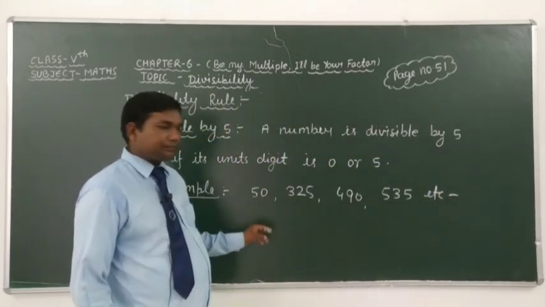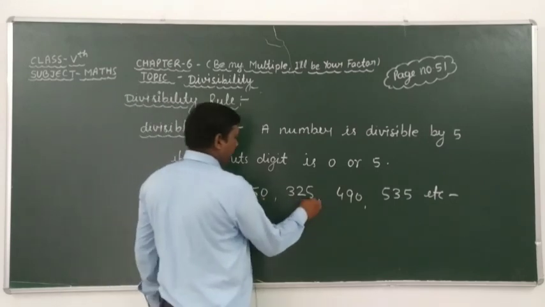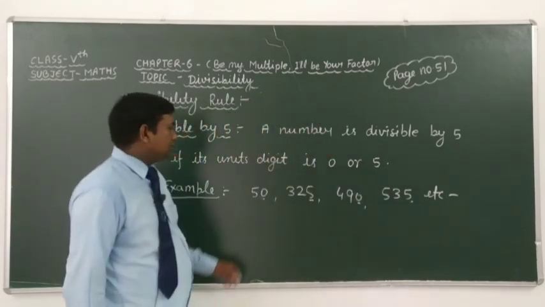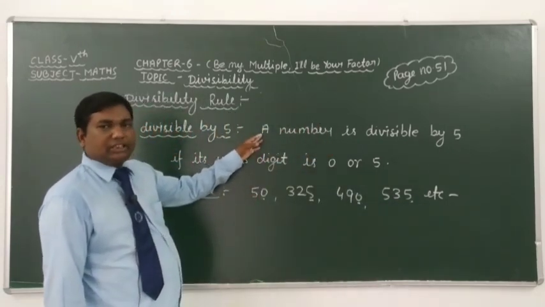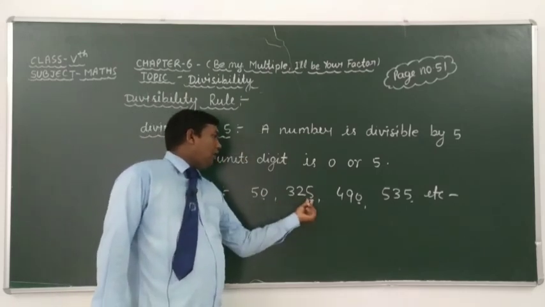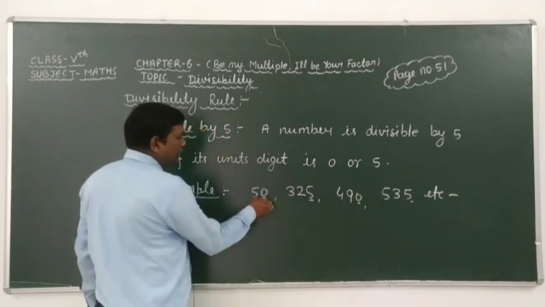In this question, here given 0, 5. A number is divisible by 5 if its unit digit is 0 or 5.